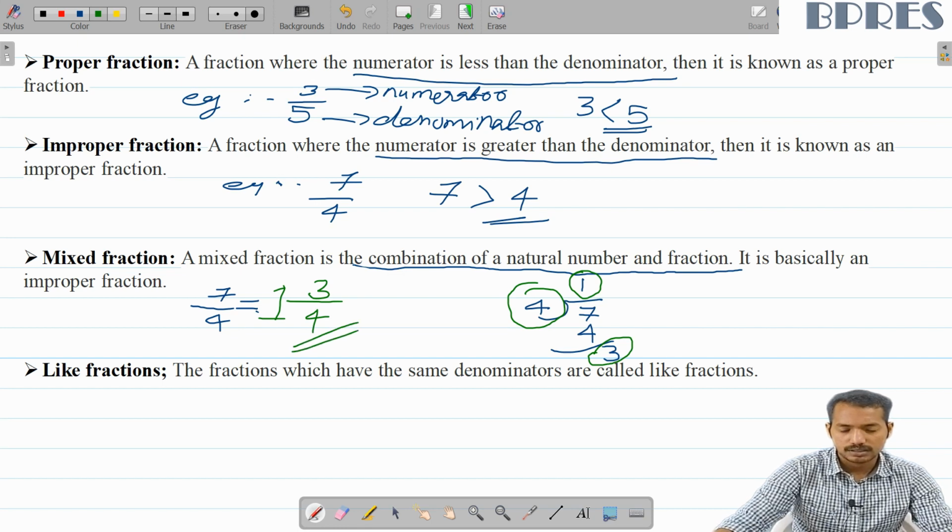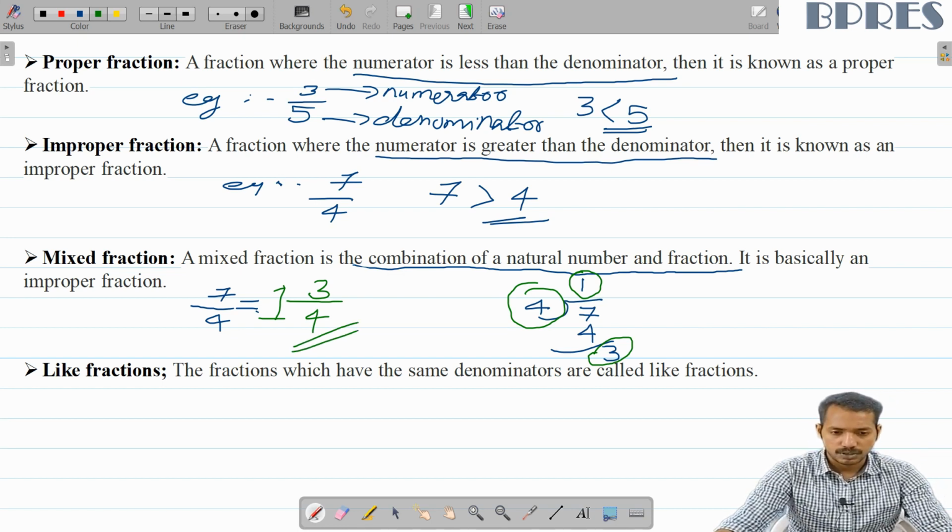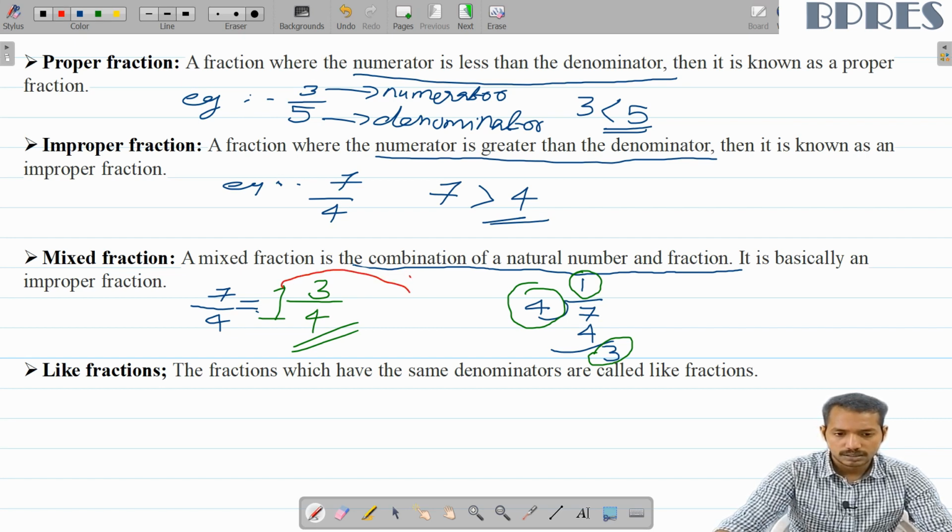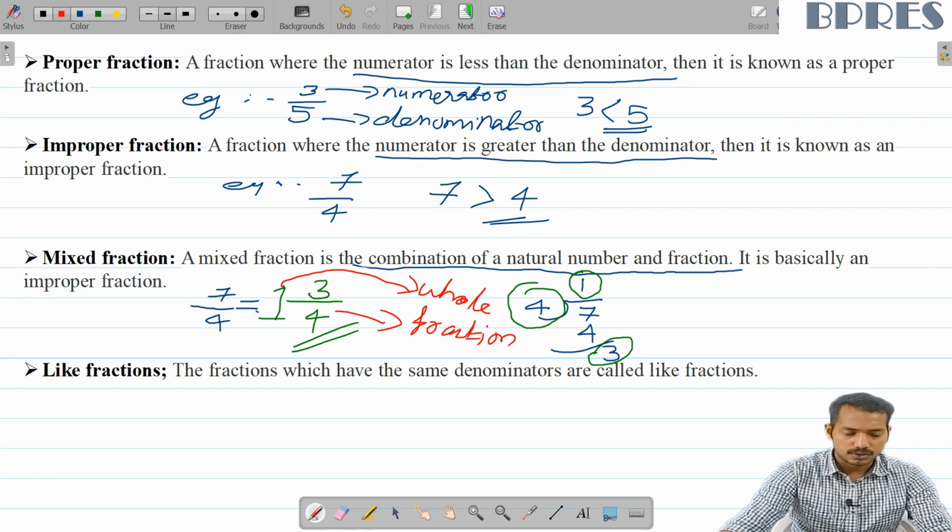So now we write this in mixed fraction form. Here the 1 is called the whole part, and this 3 by 4 is the fraction part. In this way we can represent an improper fraction as a mixed fraction. Clear?